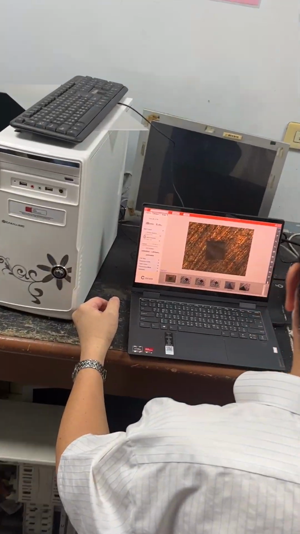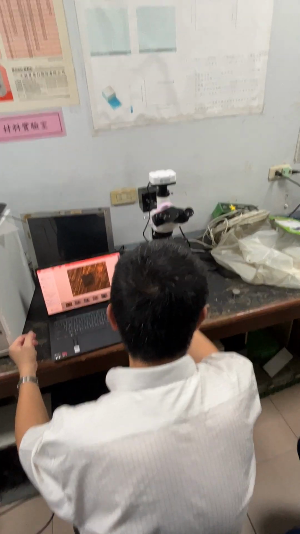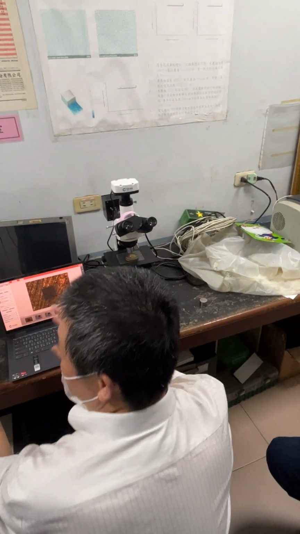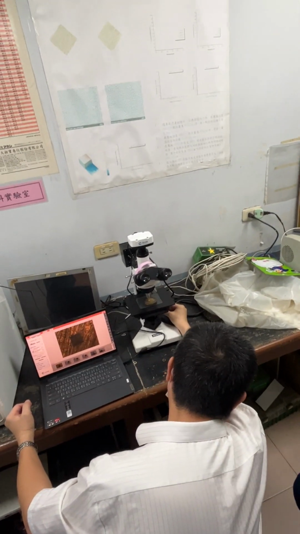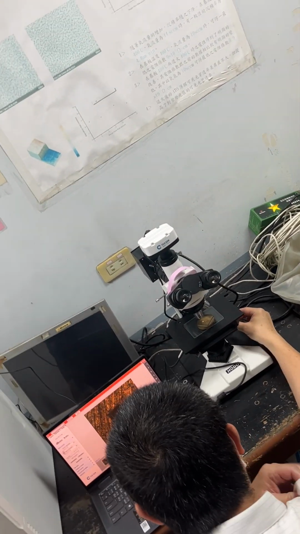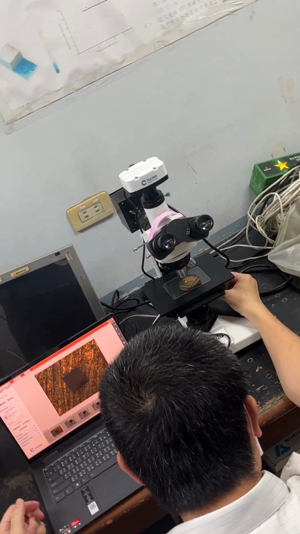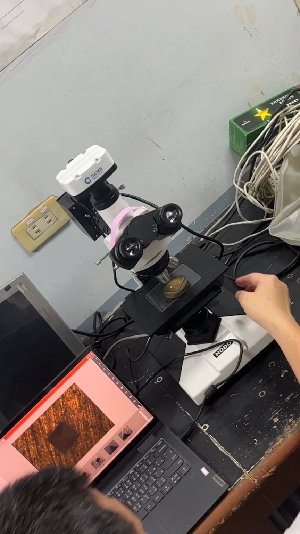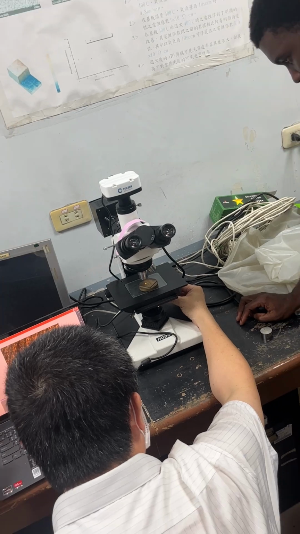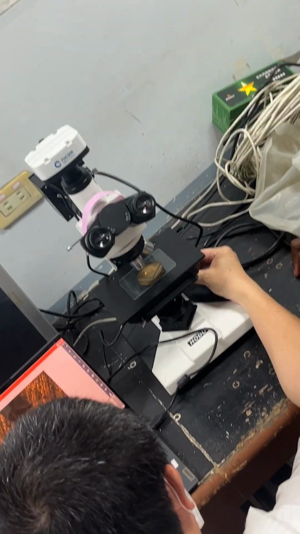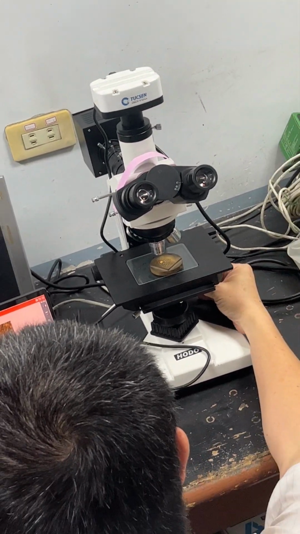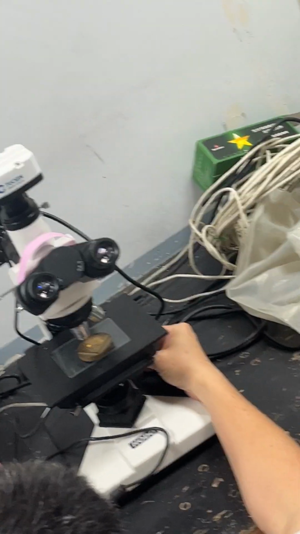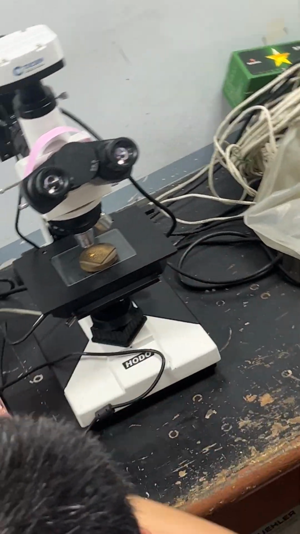But however, as you can see, if I move the stage, by the way, I'd like to tell you how to move the stage. There are two wheels over here, and this wheel, the bigger one, please have a look here. If you rotate the bigger one, it will move this way, and you will see that the image will be moved.